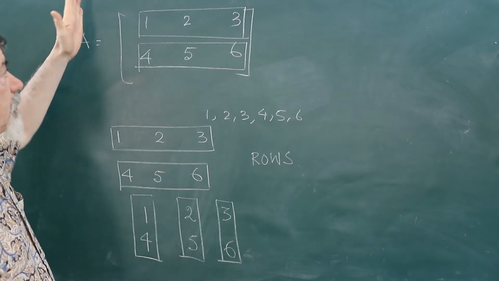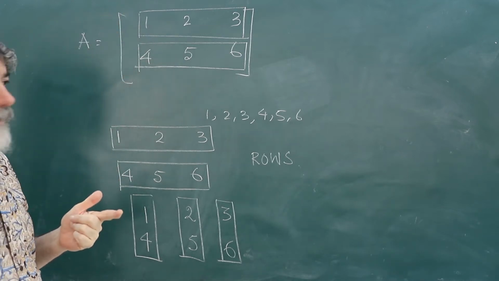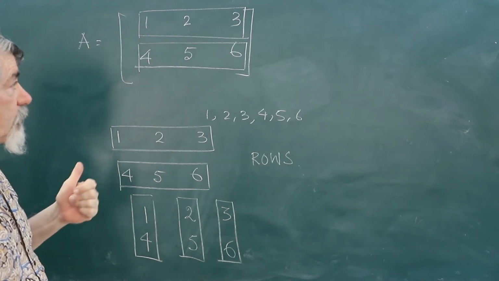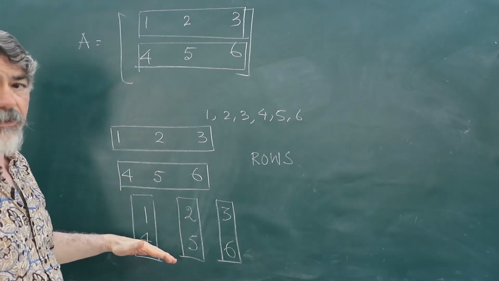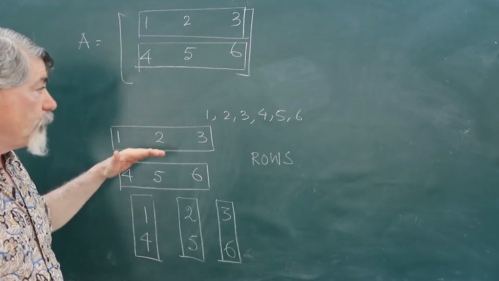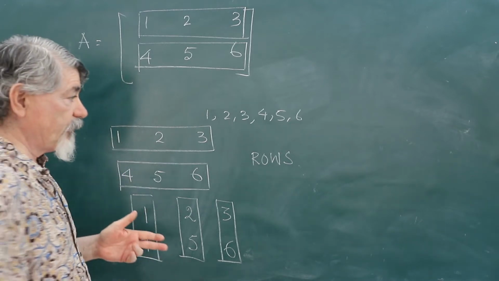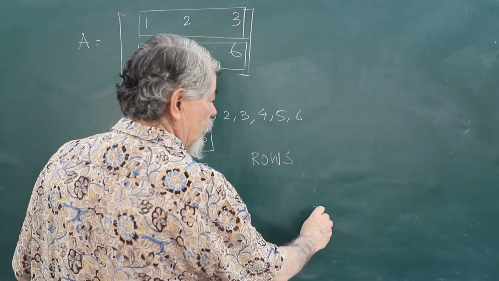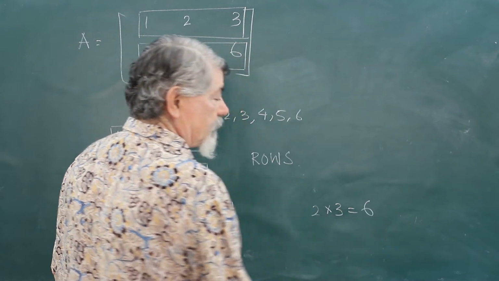Now just look at this particular matrix. If you see, it has got 2 rows, I have indicated here, and there are 3 columns. If you multiply the number of rows and the number of columns, 2 rows and 3 columns, what do you get? 6.